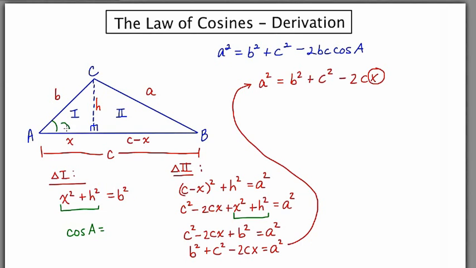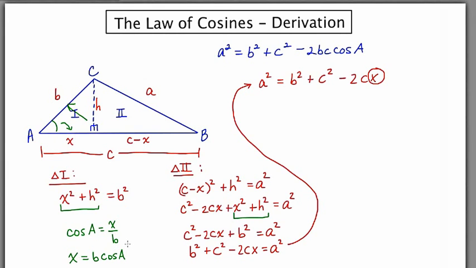Well, now the adjacent is x, and the hypotenuse is b. So cosine of A is x over b. If I cross multiply and solve for x, I get x equals b cosine A.